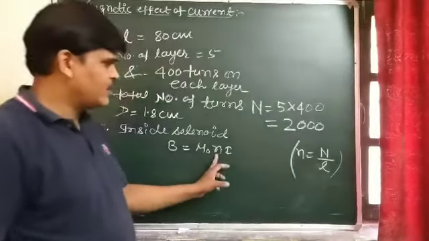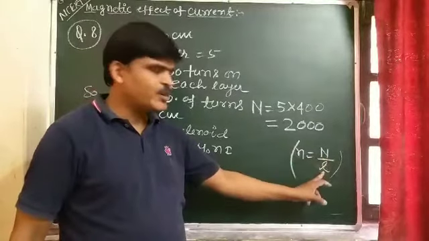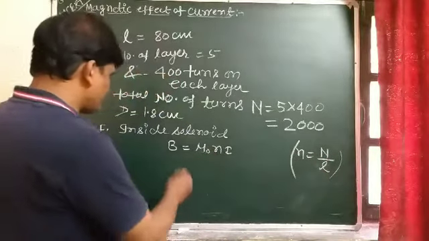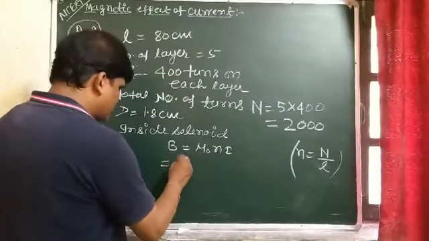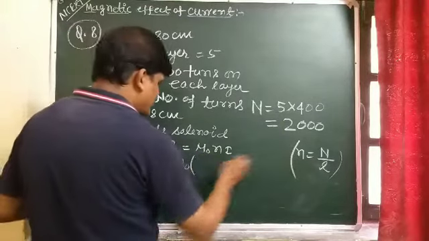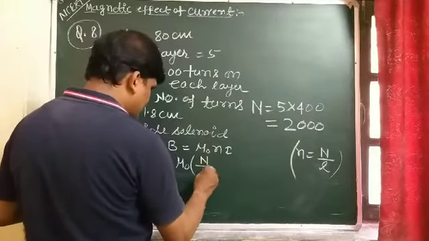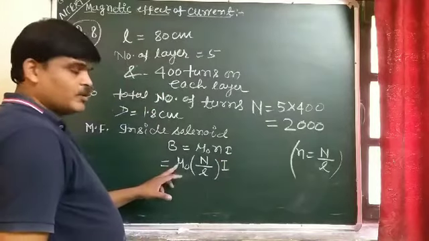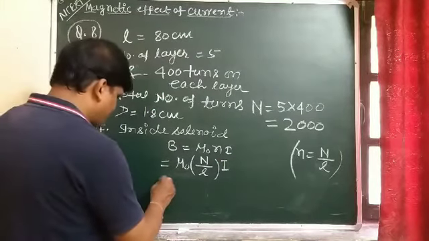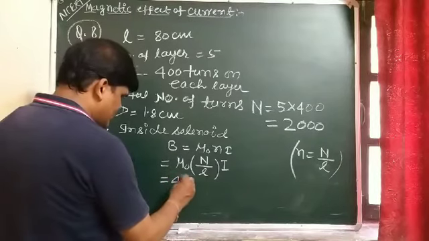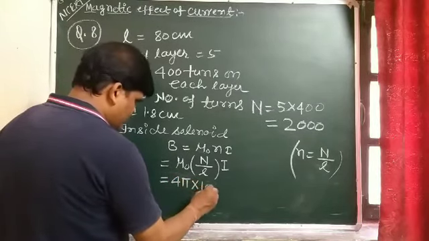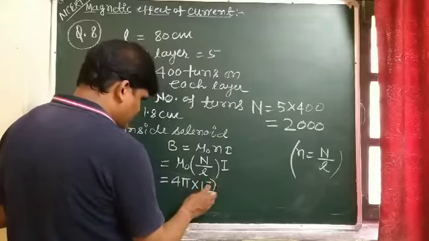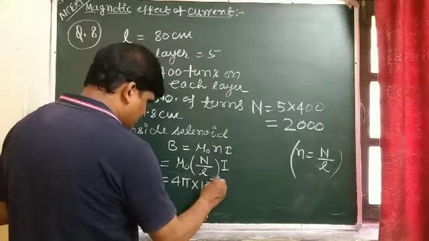But here N is given, and L. So this formula can be written with n as N by L, and I. And the value of mu naught is 4 pi into 10 to the power minus 7.